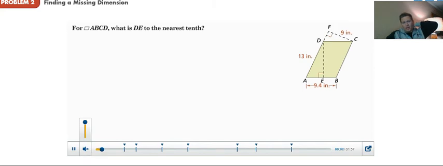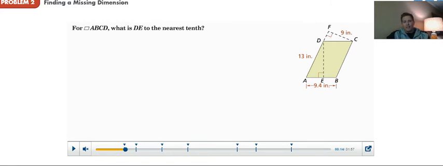And we are trying to find out what is DE. So in this example, we're not given the height. We're given some right angles, and we're going to have to solve this a different way. So we think, can we use Pythagorean theorem? That would be a really good option, but we don't know the length of AE. If we did know that, then we could use it. SOHCAHTOA, we can't really use that either.